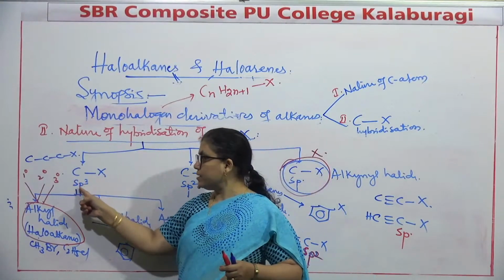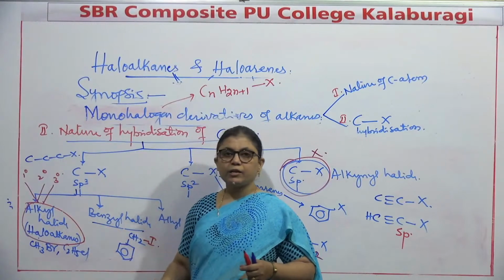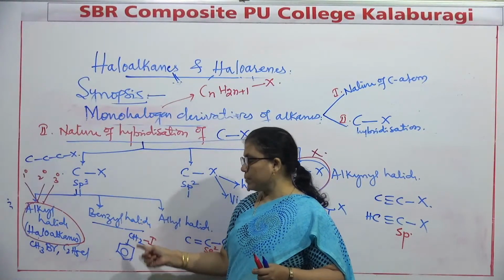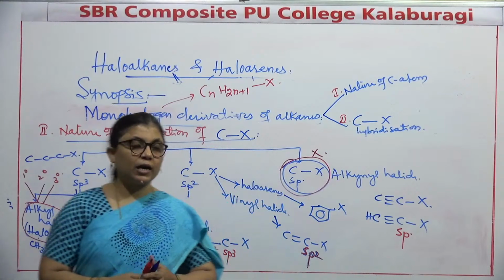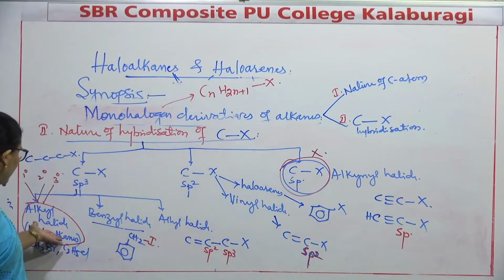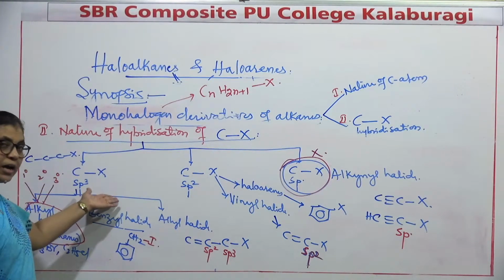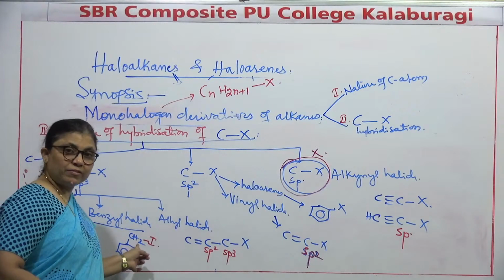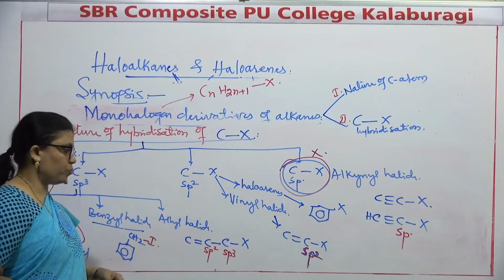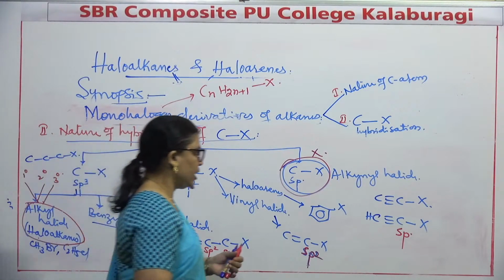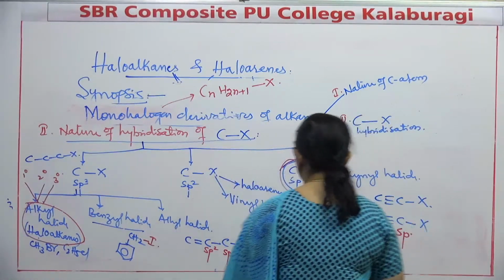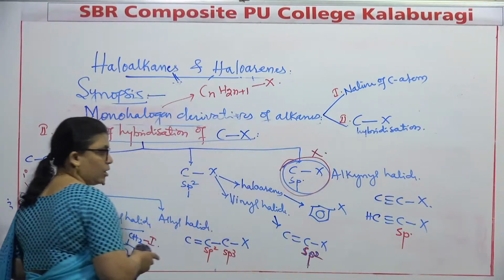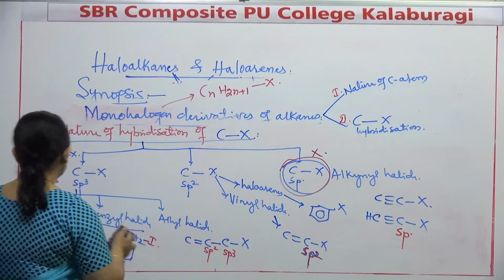In case the carbon is sp3, they may be alkyl halide, benzyl halide, or allyl halide. Alkyl halide are simple haloalkane. Benzyl halide contains a benzylic group, which should be there. Next is allyl halide. Next, when the carbon is sp2 hybridized, they may be haloarene or vinyl halide.